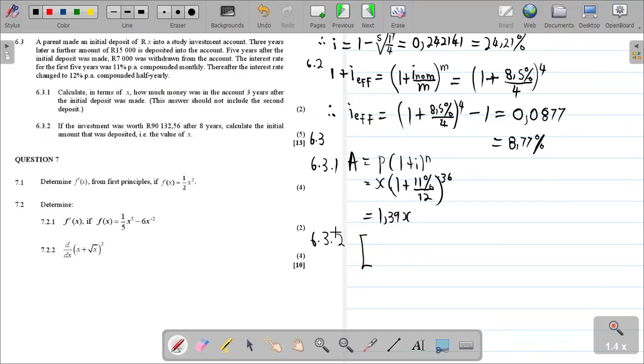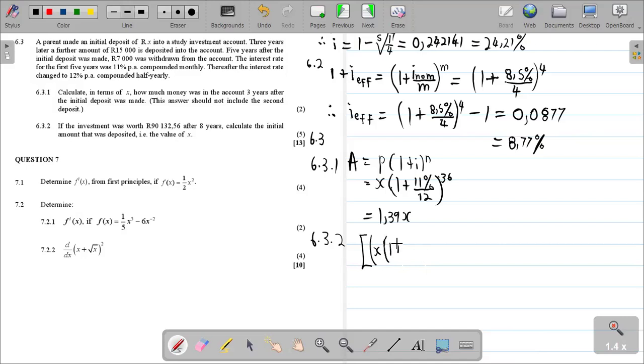so what we have here is there is a value of X, right? That was initially deposited, right? And then we should apply the formula here.